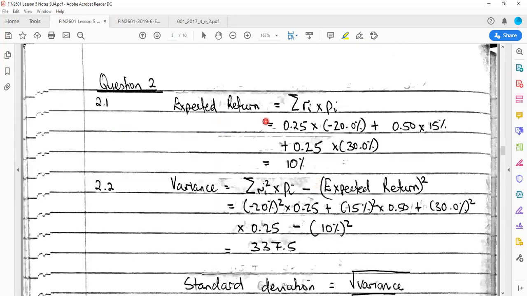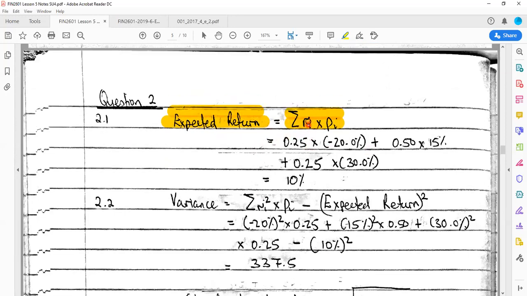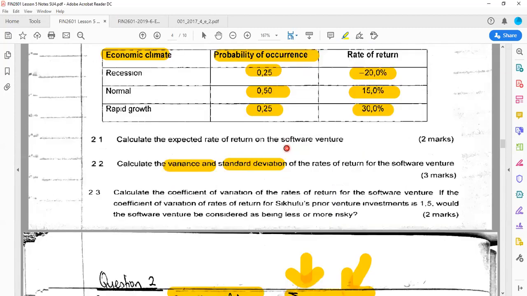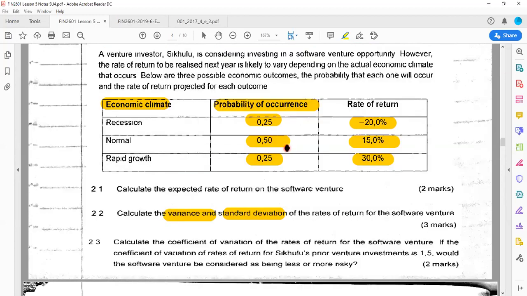So to calculate the expected return, you use the following formula right here. Basically what this formula is saying, we simply take the return in state i, multiply it by the probability in state i, and then we add them up. In other words, we are going to look at all these returns and all the associated probabilities.